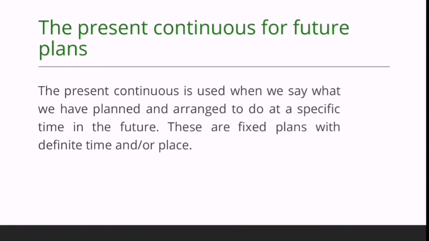But this time, we're going to know another usage of the present continuous, that is to talk about the future. So the present continuous is used when we say what we have planned and arranged to do at a specific time in the future. There are fixed plans with definite time in place.